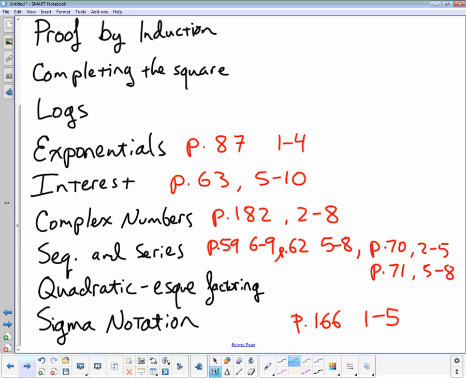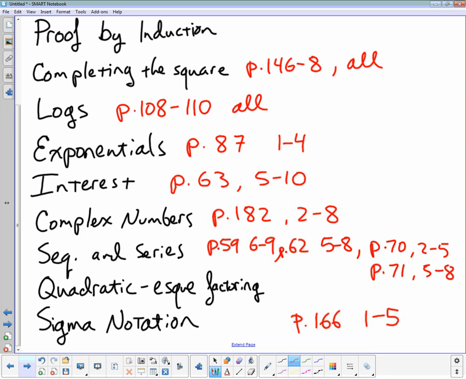Logs, page 108 through 110, all of them. Completing the square, page 146 through page 148, all.